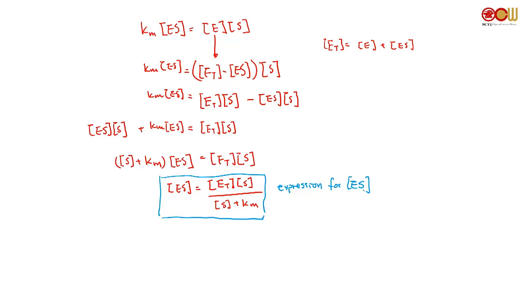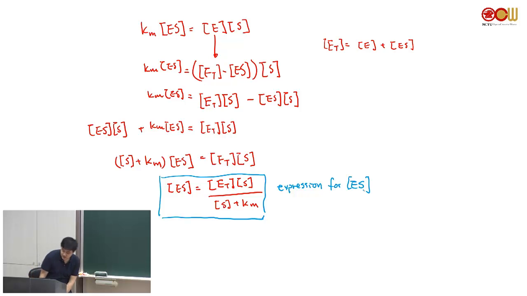Because again, ES and E are difficult to quantify. So I want to be able to substitute any expression for ES as an E total term. That's what I want to do. I want to transform ES into E total. So that's exactly what I did.